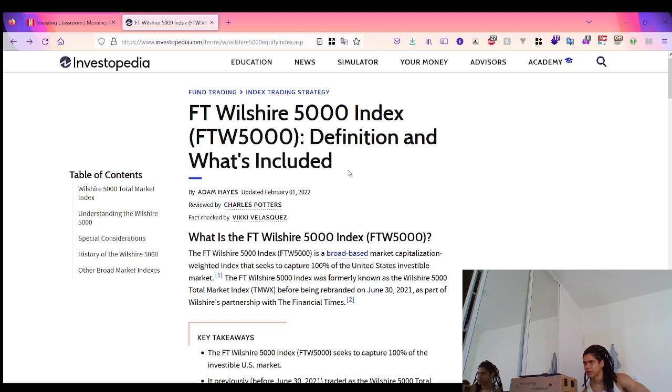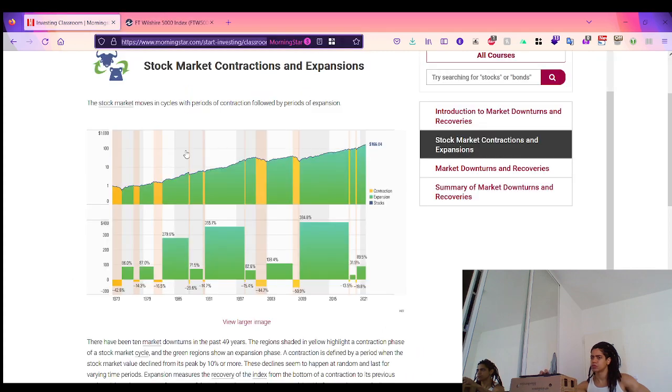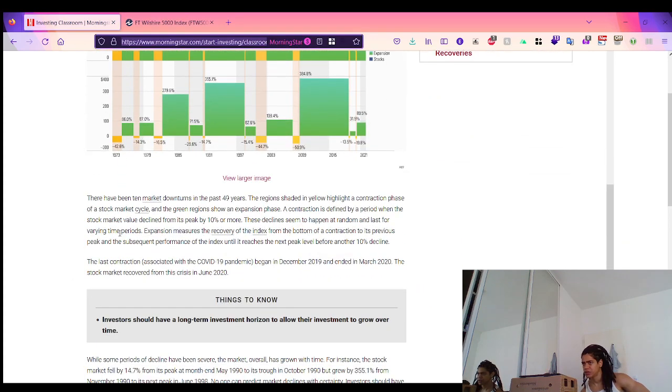Okay, so because I look at this, what is the contraction phase and the expansion phase? What an expansion measures is the recovery of an index, from the very bottom of the contraction phase to its previous peak, and the subsequent performance of the index until it reaches a 10% or more decline.